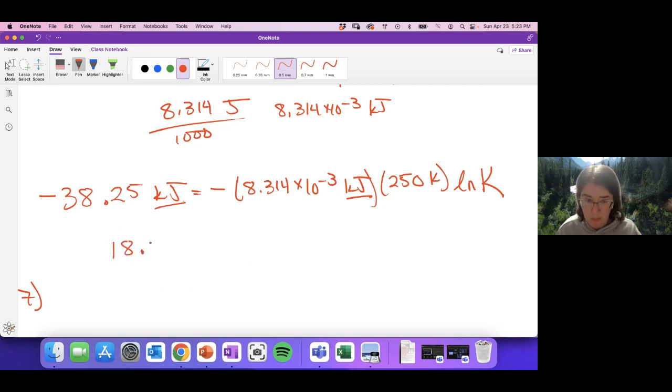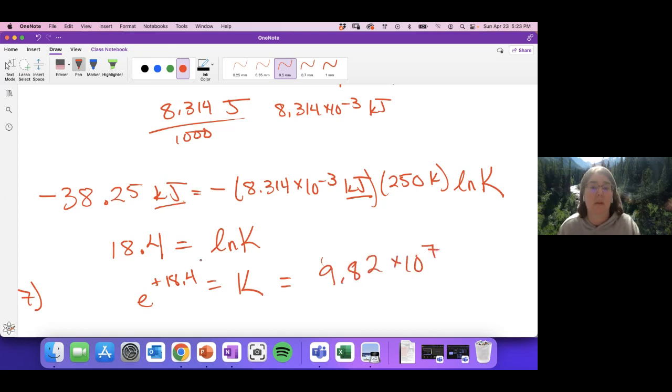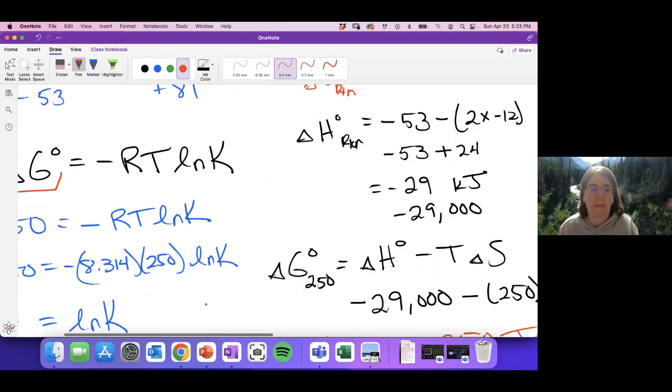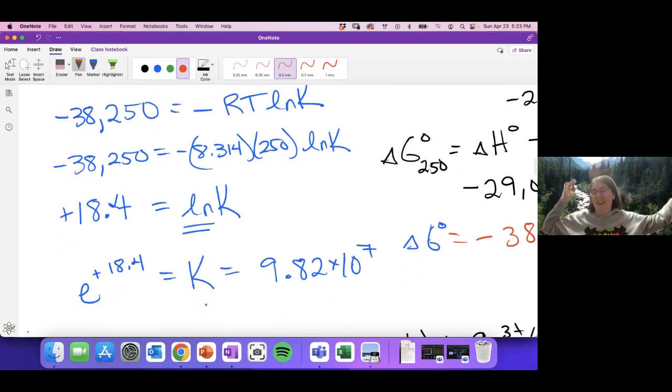I get 18.4 is equal to the natural log of K. Everything's positive, so this is e to the positive 18.4 is equal to K. Just look at a really giant number, 9.82 times 10 to the positive 7. So I'm going to scroll back and see if it's the same. It's the same. So again, the point is to make sure that those match.